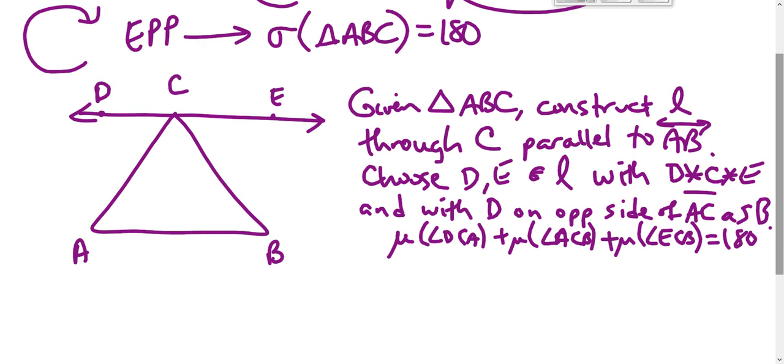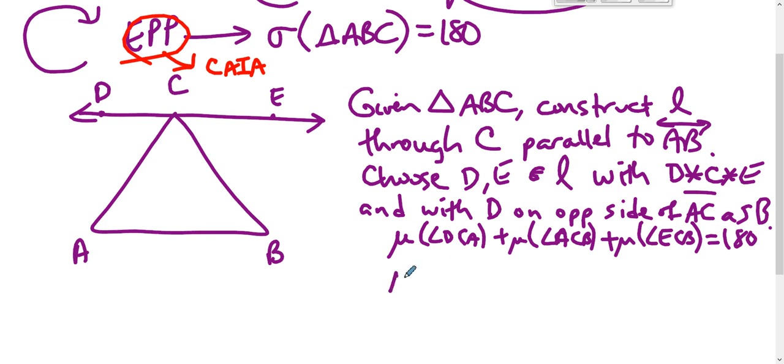But we have EPP, which means we have the converse of AIA. And that means that if I have two parallel lines cut by a transversal, the alternate interior angles are congruent.